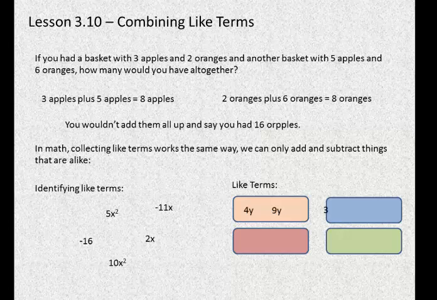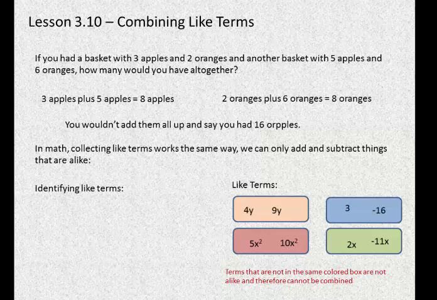If we have a 3, there's no variable, so what matches is negative 16, which also has no variable. If we have 5x squared, now all of our other terms have x's, but we only have one other x squared, that's 10x squared. And then 2x matches negative 11x.